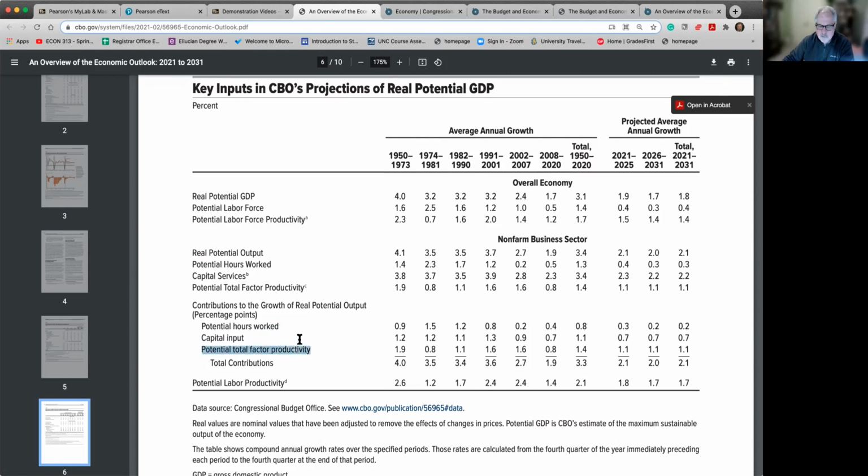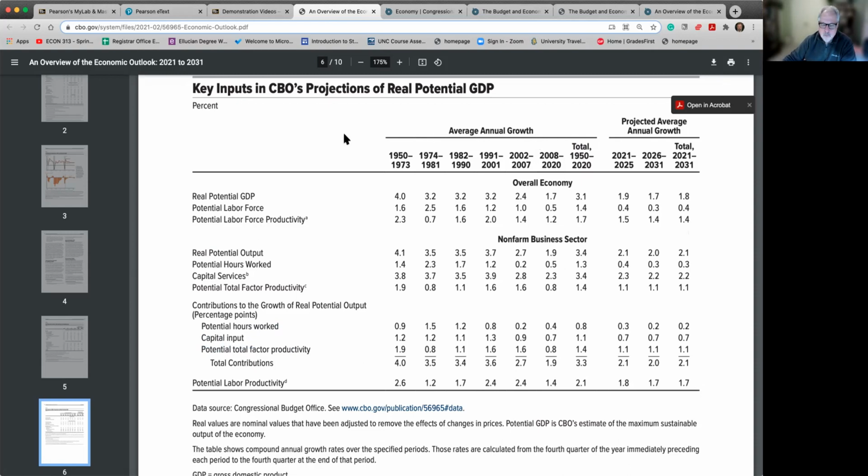Okay? This is exactly what we were talking about in those growth accounting equations from chapter 6.1, the first section in chapter 6. Right, so these are the total contributions. And then we also have potential labor productivity as well.